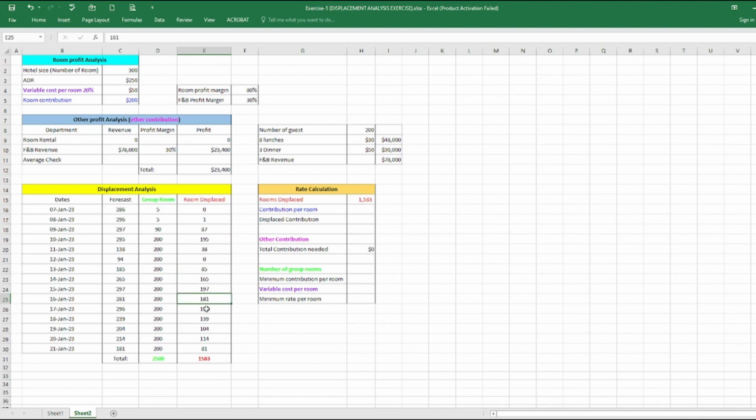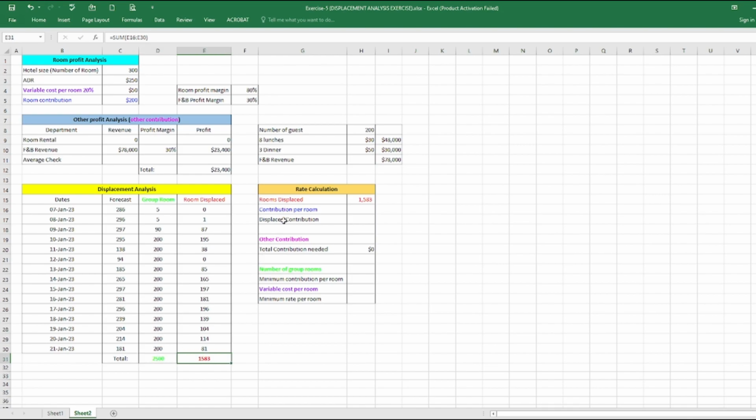The rest all have displaced rooms. So total room displacement, we sum all. We need to have 1,583 rooms to be displaced if we take the 2,500 rooms from the group.